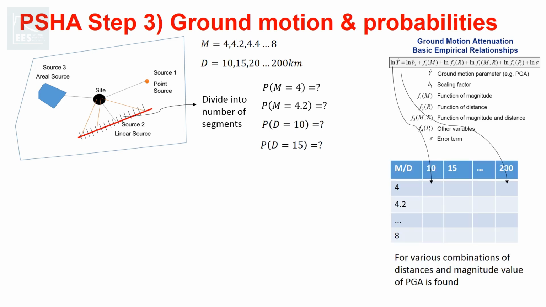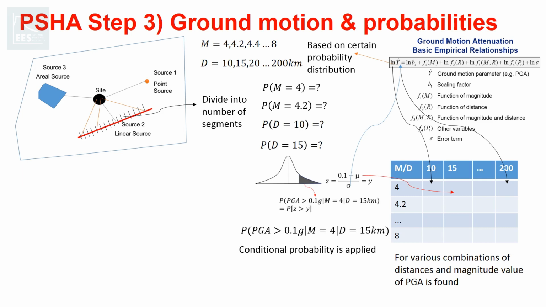So for the various combinations of magnitudes and distances that we talked about earlier, we can compute the PGA like so. Also note that these GMPEs are based on certain probability distributions. So you can calculate the conditional probability, say PGA exceedance by 0.1 g, given the distance and magnitude of 15 km and 4 respectively.